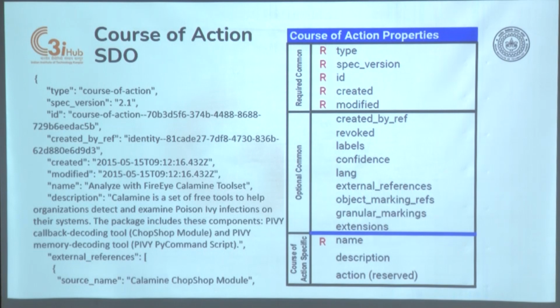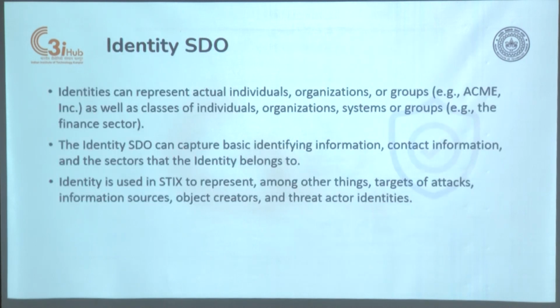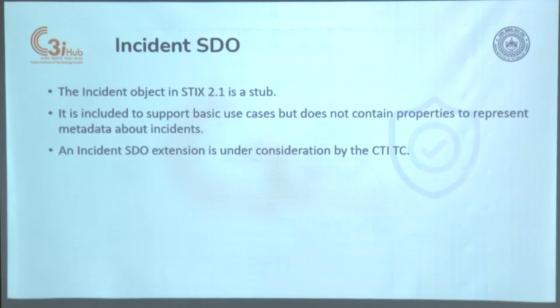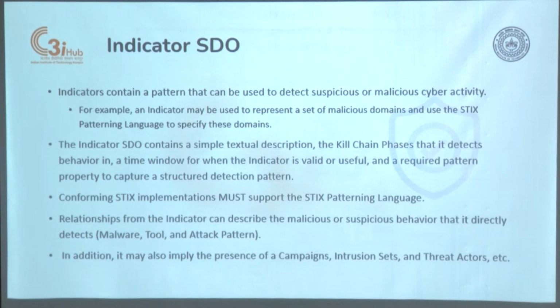Then we talked about grouping SDO for grouping certain threat intelligence objects, identity SDO for giving names or some kind of identity to entities and organizations, individuals, etc. And then we have incident SDO, which is again a stub, which is part of a threat report. It's that an incident has happened, and various parts of it.